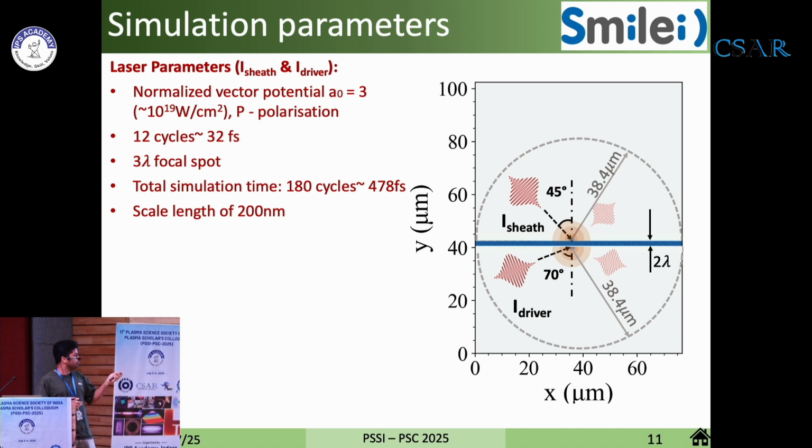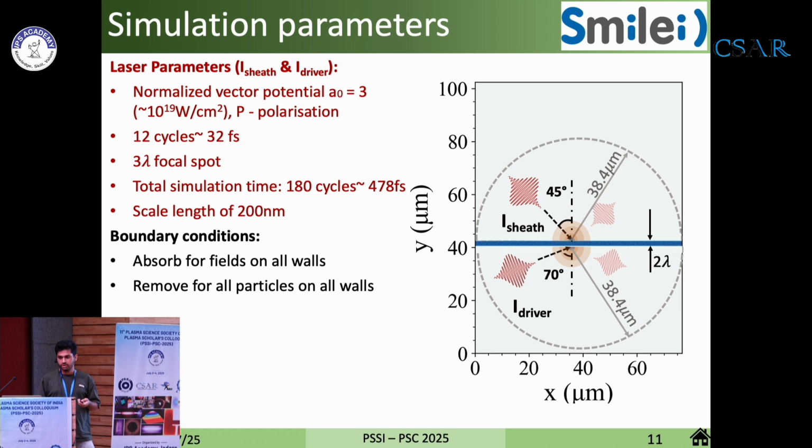Both lasers have an a0 of around 3, which corresponds to around 10^19 watt per centimeter square, if focused on a 3 lambda focal spot with a pulse width of around 30 femtoseconds. The total simulation time is taken to be around 500 femtoseconds. And we have chosen an initial pre-plasma of 200 nanometers, which is a long enough pre-plasma in terms of laser matter interaction.